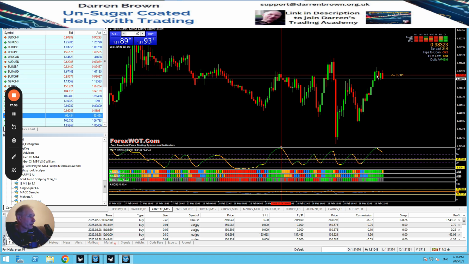So for argument's sake, where you see that this green appeared, okay, it's gone yellow, this is a great time to jump in. You even got a doji star here, okay, which is showing you that it's actually going to change.